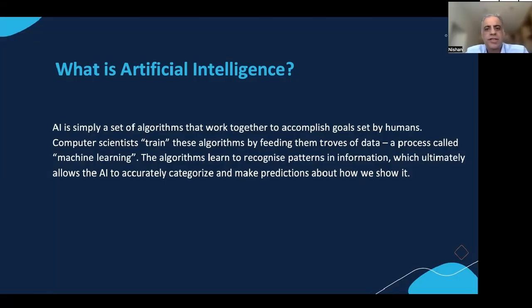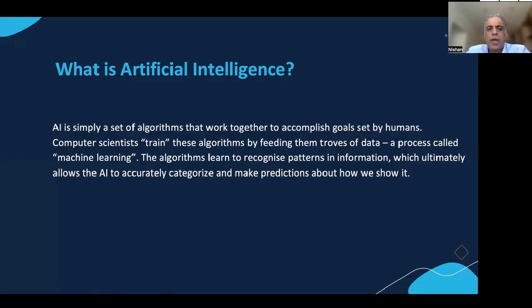AI has been around for many years, pretty much since the 50s, and was started by Alan Turing. He was instrumental in developing this, and they had a system called the imitation game, which is basically a machine intelligence test that's carried out, and that's what led to the birth of AI. It's been used in medicine for a while now.